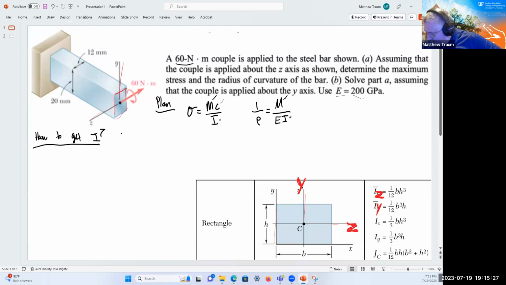I'm looking for I around this axis, which I've called Z. So we'll call this IZ, and that's going to be equal to 1/12 BH cubed. And what's B? Well, B is the bottom, which is that thickness.